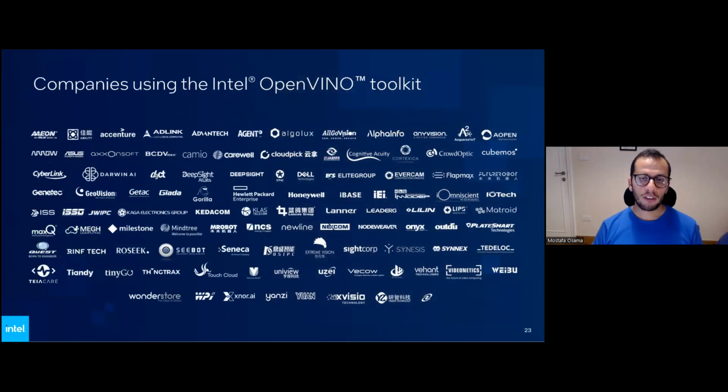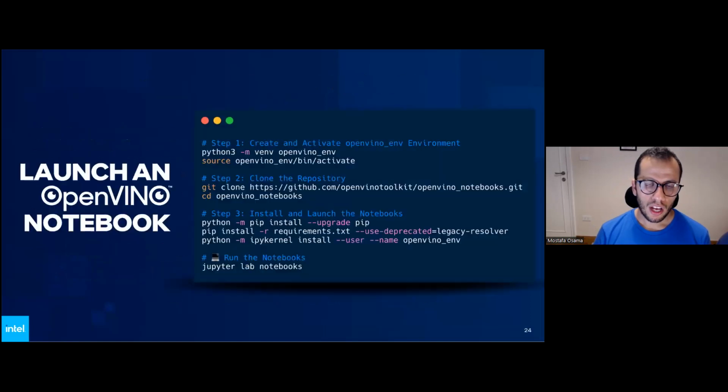And our ecosystem is growing rapidly. Here are some other examples of companies using Intel OpenVINO. I like to put this slide here because it gives you the feeling to start testing and using OpenVINO.